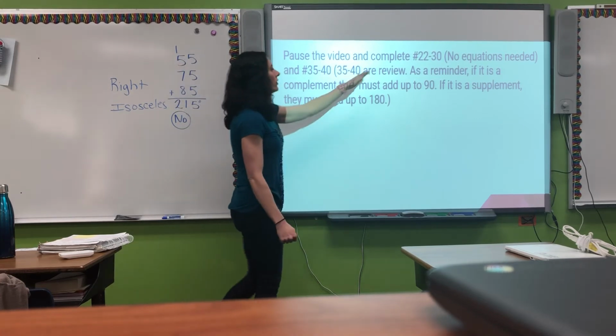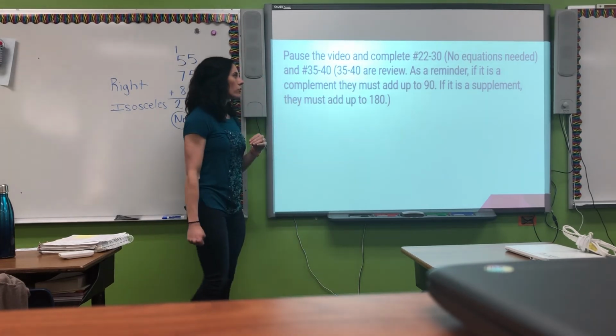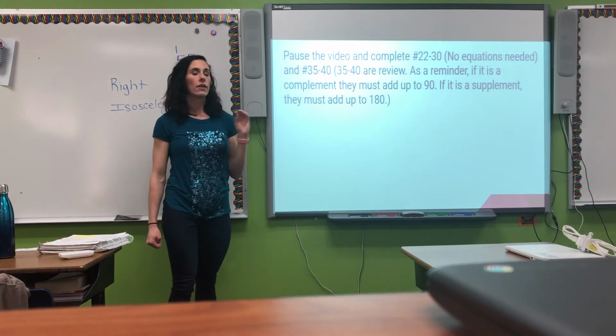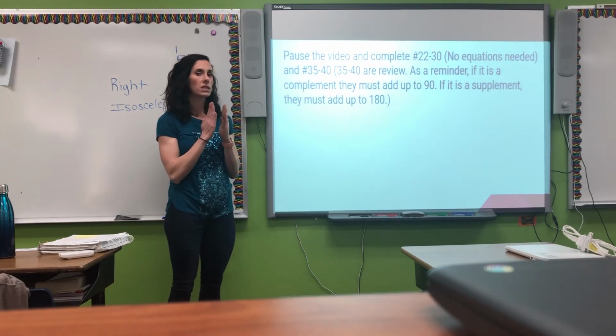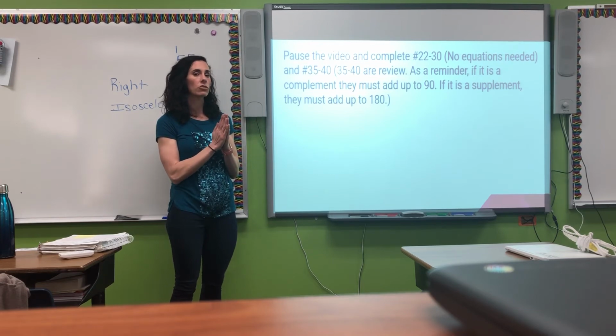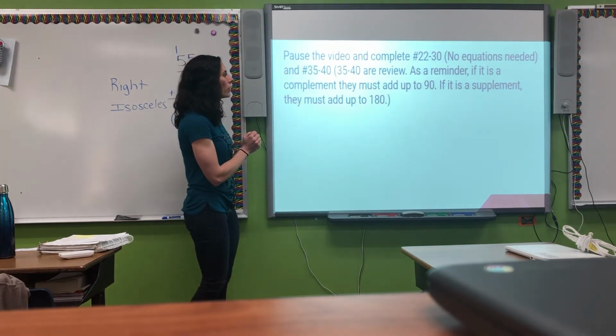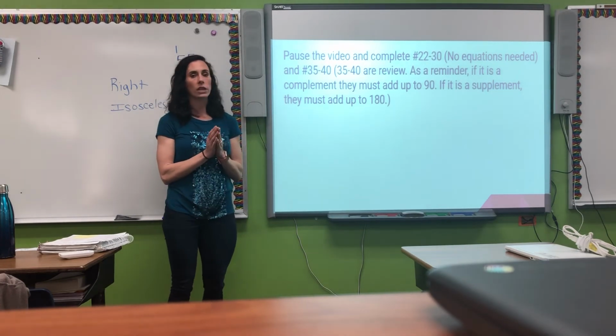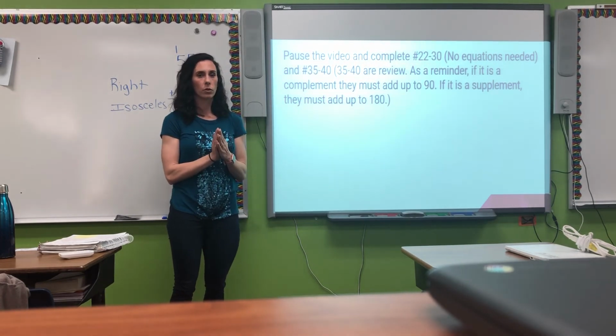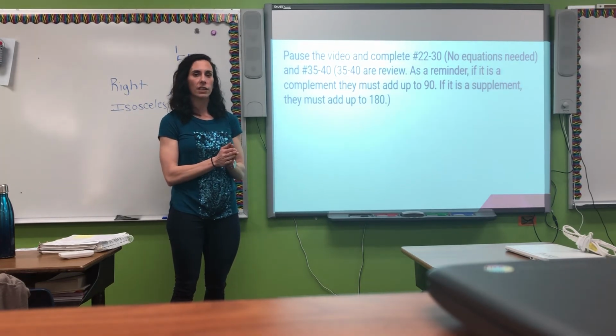Now, these are a review. So, as a reminder, if it's asking you what is the complement of this, they have to add up to 90 degrees. Complementary angles are 90 degrees or a right angle. If it's the supplement, it has to add up to 180 degrees. So just a quick reminder. When you're done, come back with a pen and we'll grade this together.